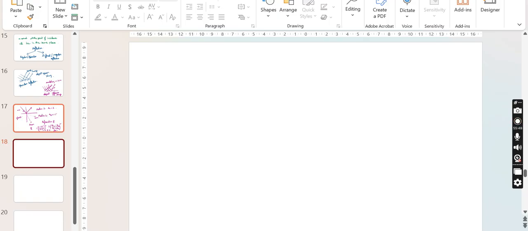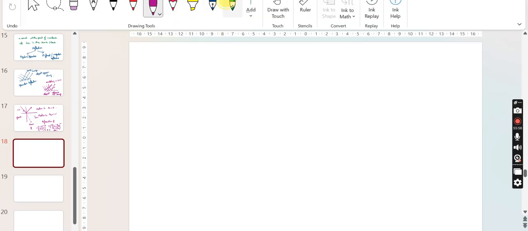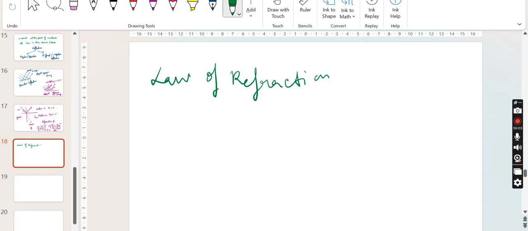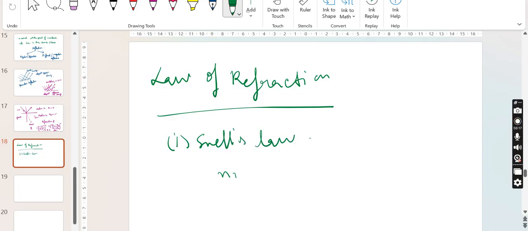And there are also laws for refraction. The first is Snell's law, that n1 sine i should be equal to n2 sine r.